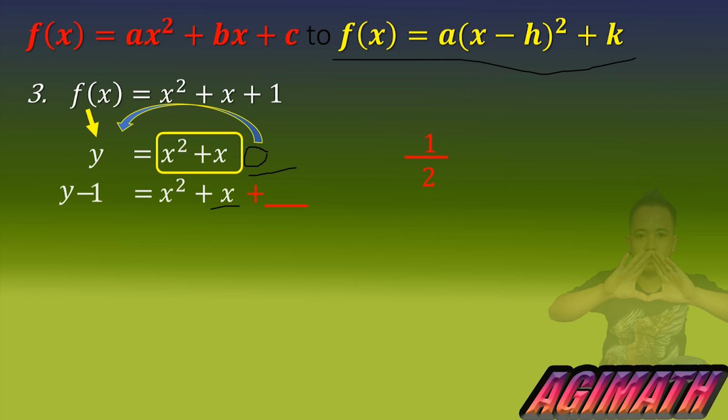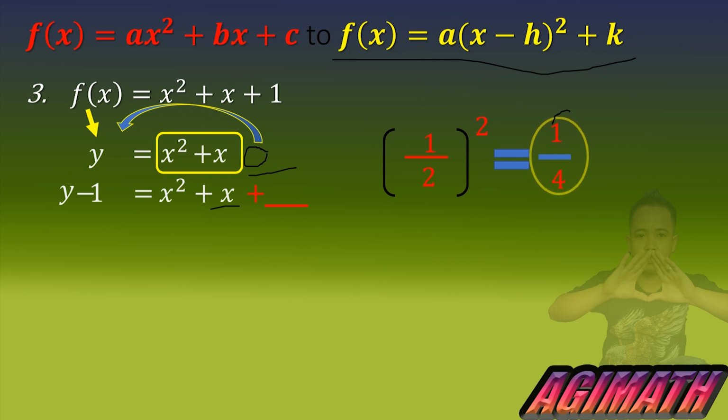After dividing it by 2, you are going to square. So that's the process: divide by 2 and then you square. And what is 1/2 squared? That is 1 times 1, 2 times 2, so that is equal to 1/4. So this 1/4 is the term that we are looking for.